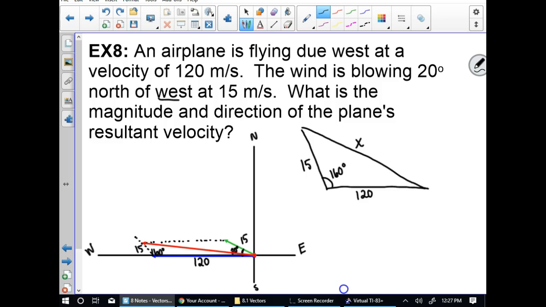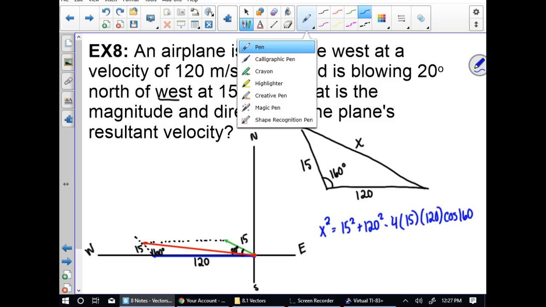Okay, law of cosines again here. So we're going to have x squared equals 15 squared plus 120 squared minus 4 times 15 times 120 cosine 160. Sorry, it's 2. Thank you.